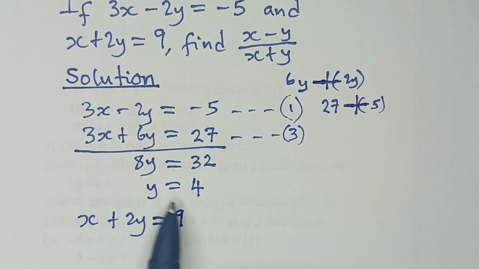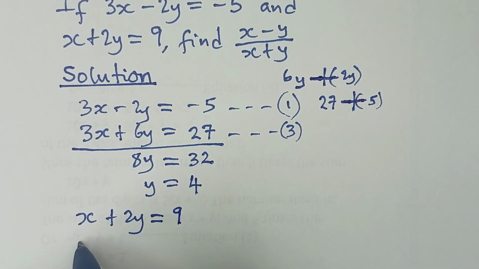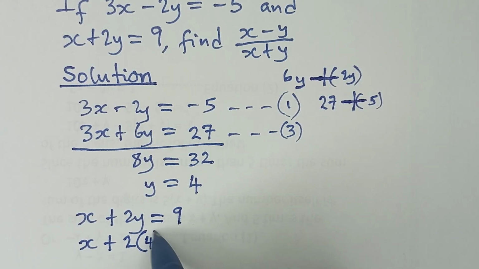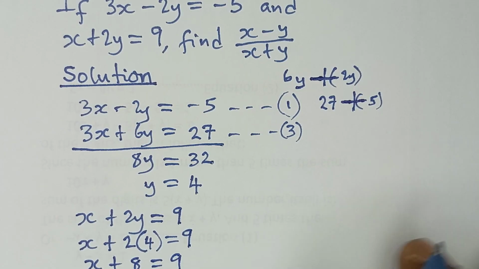So I'm going to substitute 4 for y in this equation in order to obtain the value of x. So I'm going to say x plus 2y, but don't forget y is 4 as obtained here, and that will be equal to 9. So x plus 2 multiplied by 4 is 8, is equal to 9.